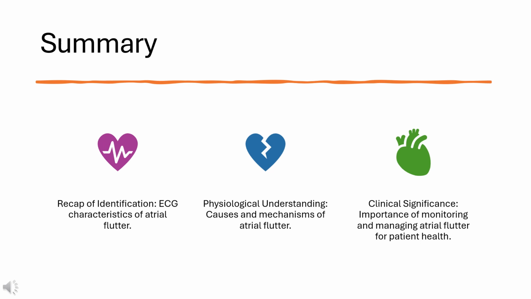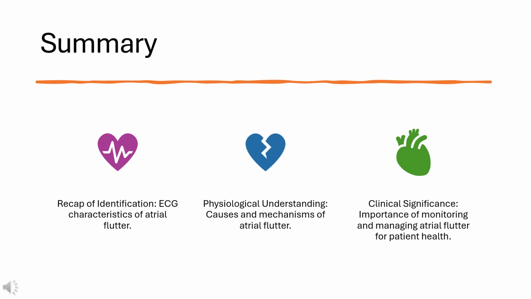The QRS complexes are typically normal in duration, measuring between 0.06 to 0.12 seconds. Recognizing these features on an ECG is essential for diagnosing atrial flutter and differentiating it from other atrial arrhythmias, such as atrial fibrillation.